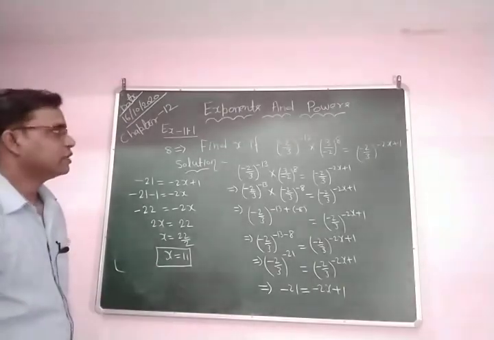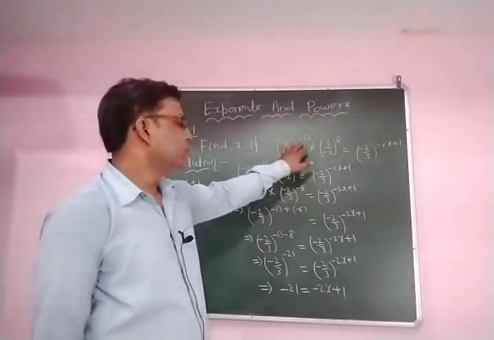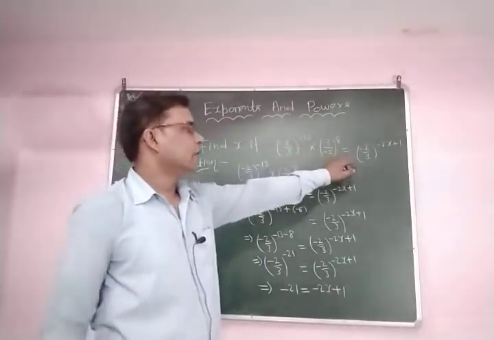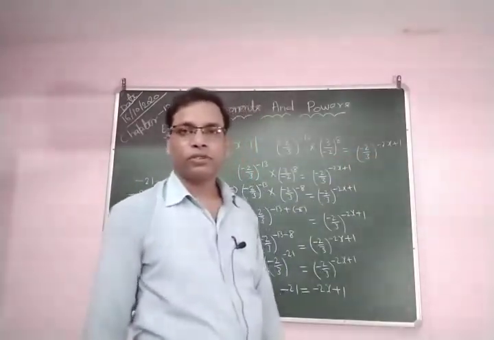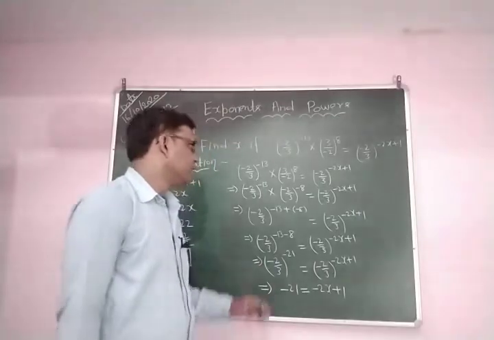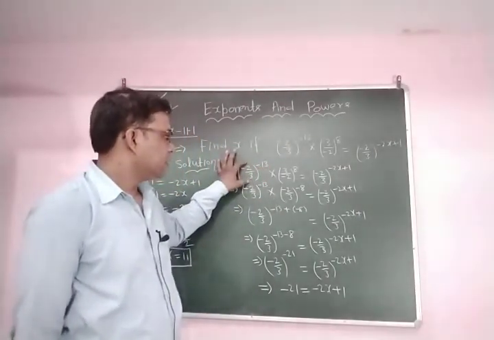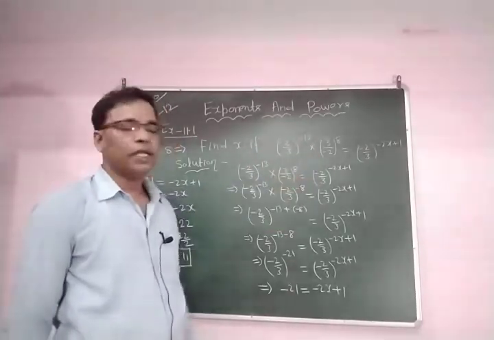This is 11. So first, this question is given here: (-2/3) whole power -13, into (3/-2) whole power 8, and (-3/2) again whole power -2x + 1. In this question first we write it as it is. After this you can see here the base is -2/3, this is -2/3, but this is 3/-2.